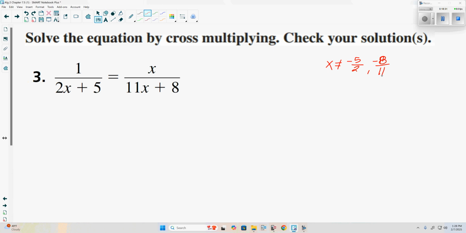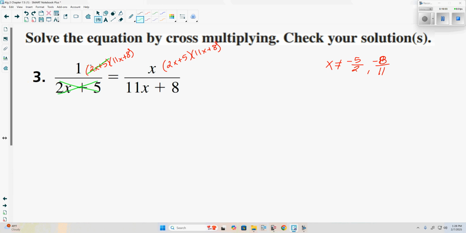Now, the first thing we need to do is to multiply by our least common denominator, which would be what? 2x plus 5 and 11x plus 8. And luckily, so far, all of our denominators have been simplified. We don't have to do any factoring, so we are able to just grab them like we have been doing.